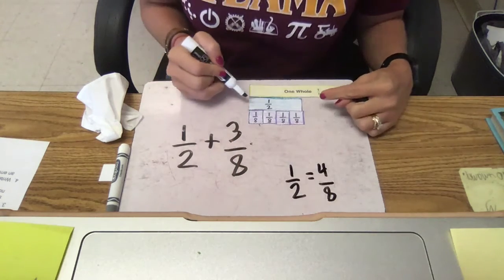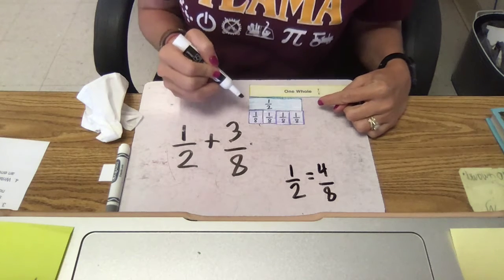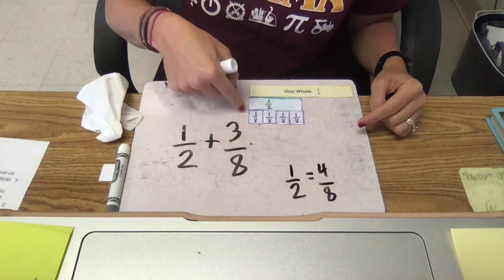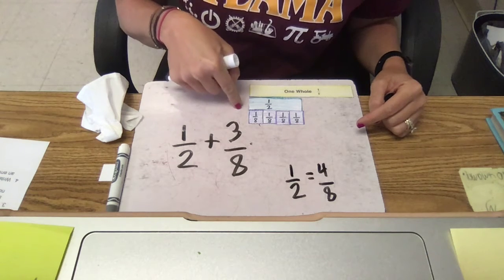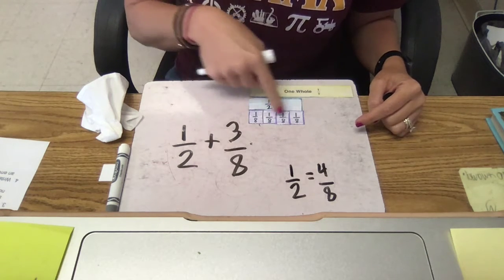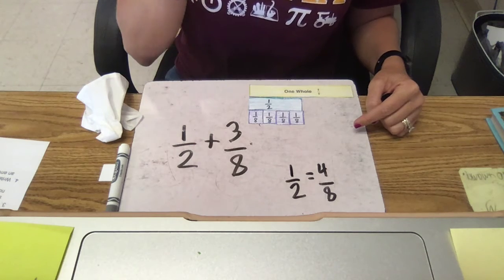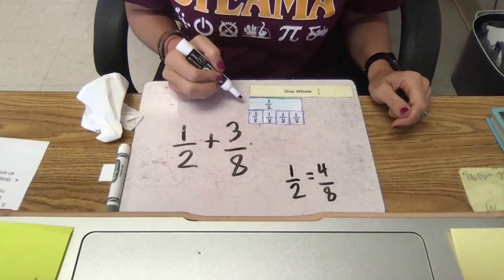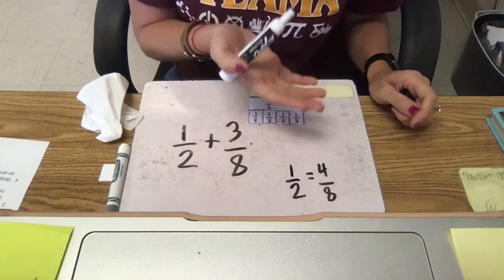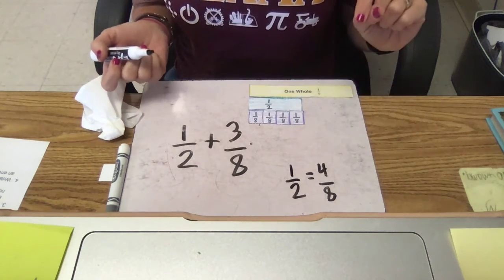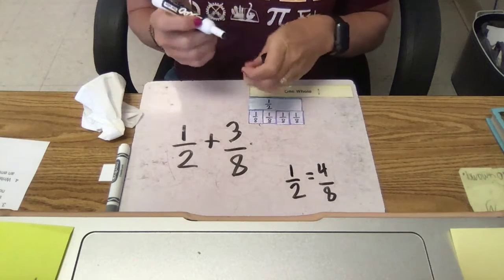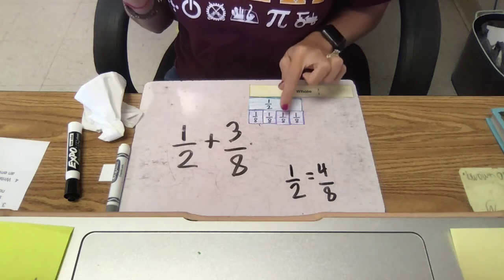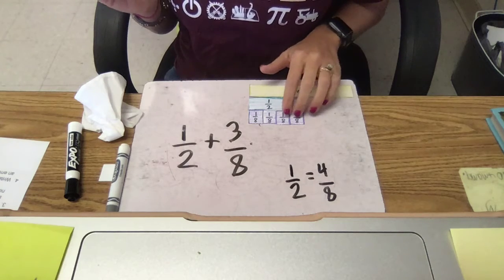Now, I would not say that 1/2 is the same as 4/8 because they look very different, but they do have the same value. When you put 4/8 with 1/2, they are the same value, but they are definitely not the same thing. Just like cats and dogs aren't the same thing, but they are both pets. So, in order to add my halves and eighths, I can see here that they do have eighths in common.